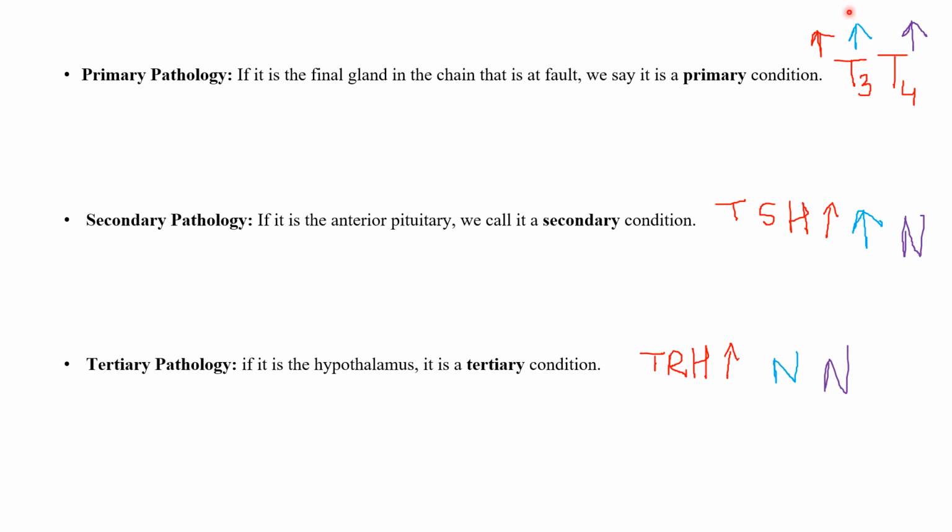Maybe there is some thyroid tumor which is making too much T3 and T4. And that thyroid hormone, I forgot to mention on the slides, the dotted line was for the negative feedback. Because of this negative feedback, they are either normal or low, but T3 and T4, they are raised. So now we will say this is primary pathology.